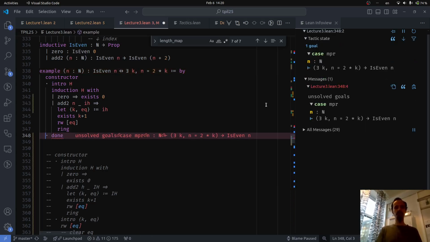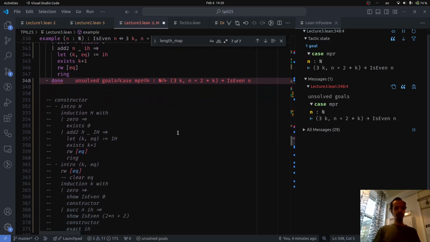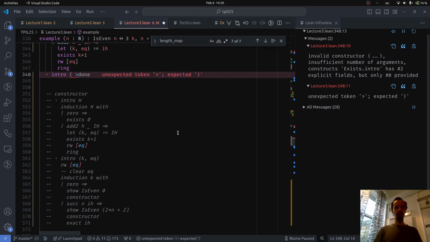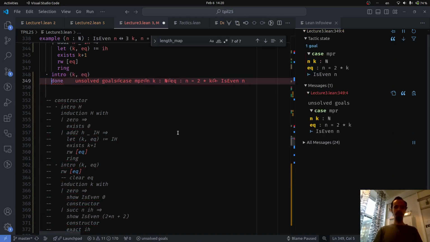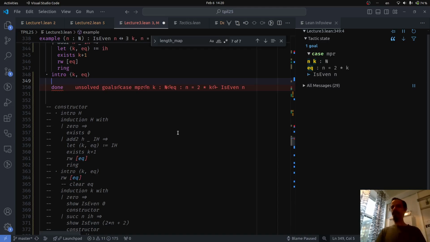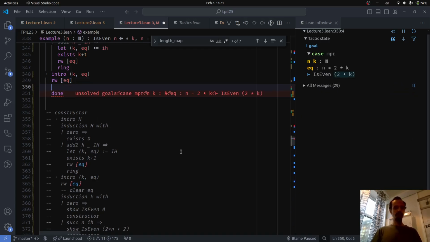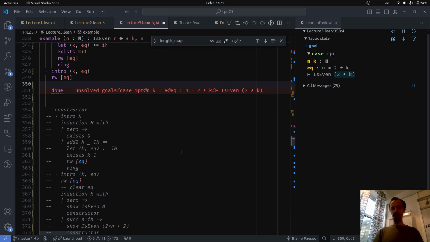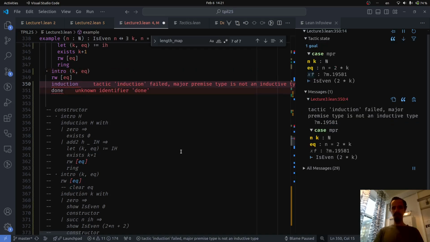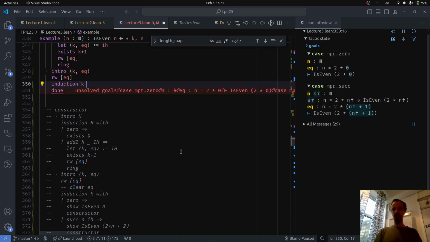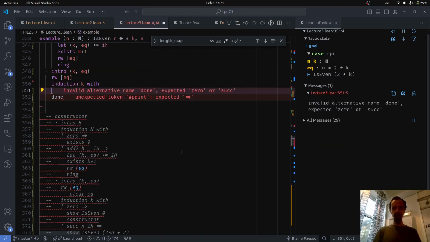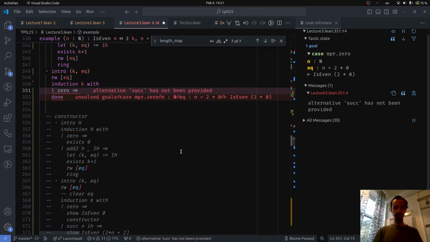There's a second half of the proof, which is going the other direction. So we have, there exists a k such that n equals 2 times k. We want to prove is even of n. We'll use intro with pattern matching this time. We get two things, and we can rewrite with this equality again. And then we can do induction on k this time, which is also an inductive type, natural numbers, which has two cases, 0 and successor.